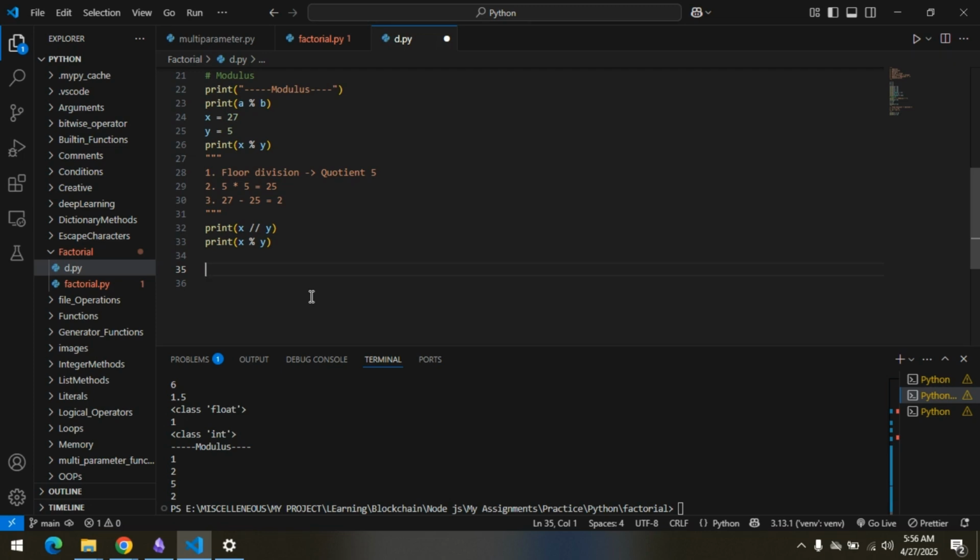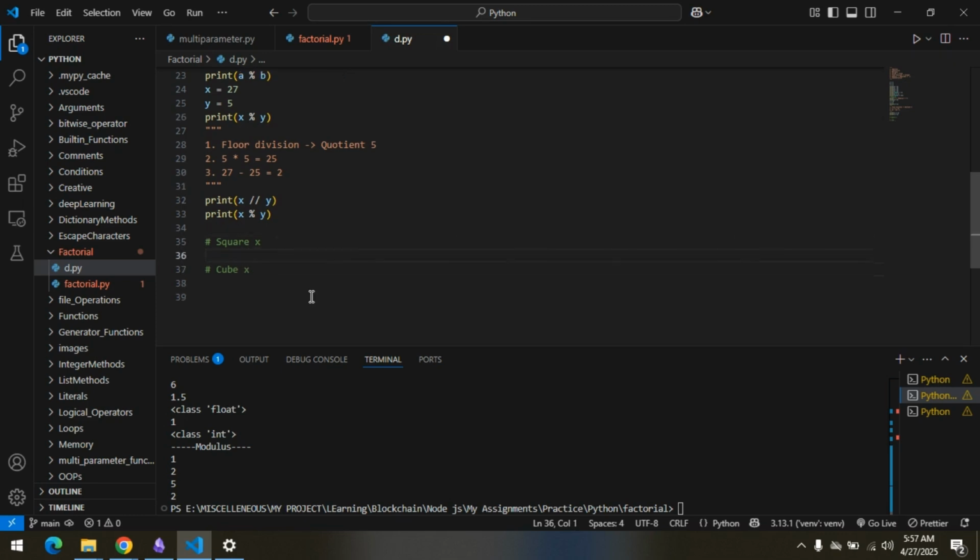All right, exponentiation. This basically returns the power. So you know how you raise a number to the power of something. Let's say we want a square of x, and we want a cube of x.